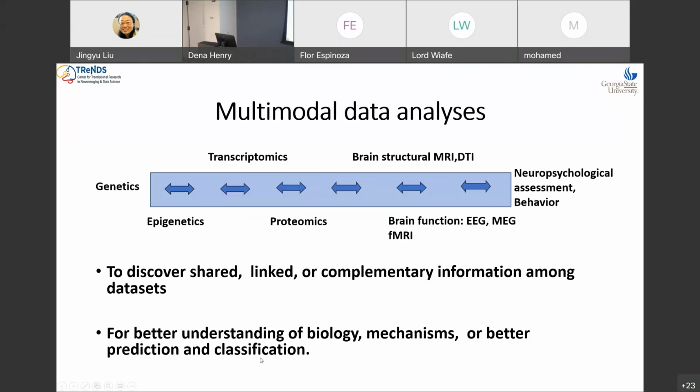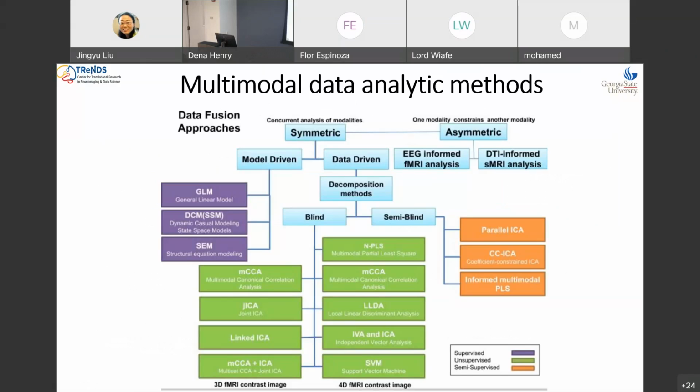Some are for a better understanding of biology or mechanisms. Some are for better prediction and classification. This is a survey, a review done a while ago, I think by Jingyu and others. So this is a list of the tools that can be used for multimodal analysis.